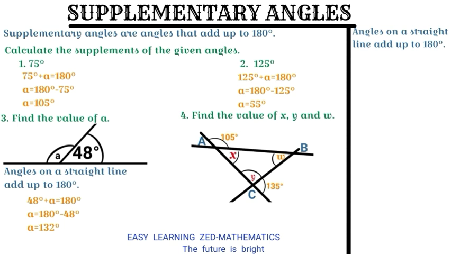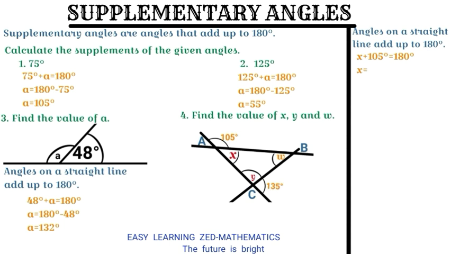So here what it means is when I add 105 degrees to x, it should give us 180 degrees. So I'm going to come up with an expression which is x plus 105 degrees is equal to 180 degrees. Once I've done that, the next thing I'm going to do is put like terms together, just the way we are doing.